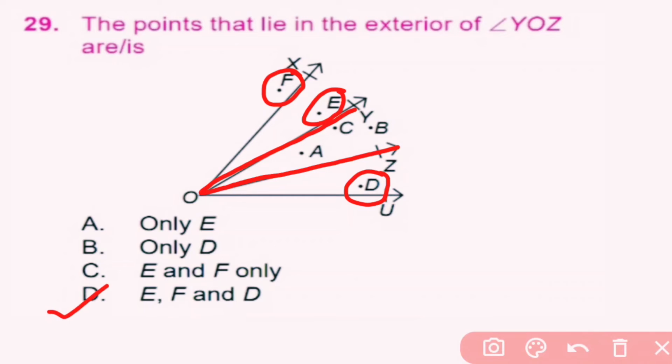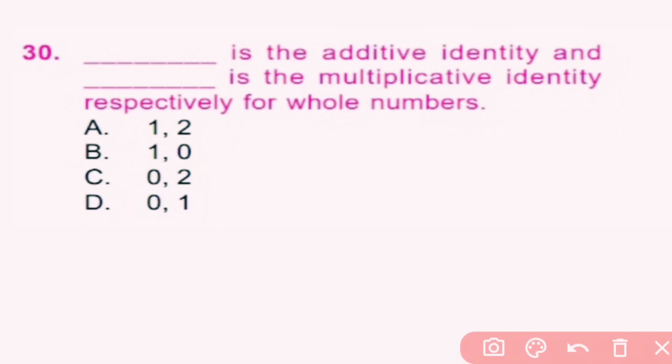D is the correct answer. Question number 30. Dash is the additive identity and dash is the multiplicative identity respectively for whole numbers. So here 0 is the additive identity and 1 is the multiplicative identity for whole numbers. So here D is correct.